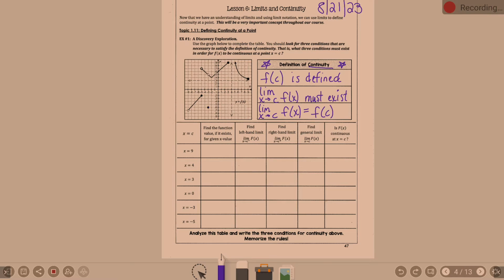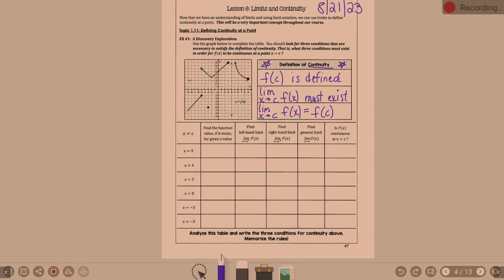It's not a jump. A jump is more what happens at -5, where the graph stops somewhere and picks up somewhere else. This is a hole because the limit is the same on both sides. It just doesn't exist at that point. I don't know if I have a specific name for it with that point being down there, but it's not continuous. It is a discontinuity there for sure.